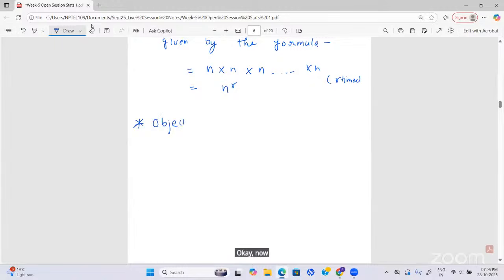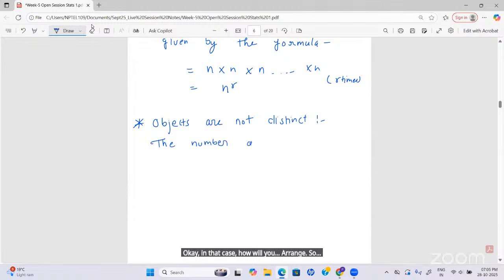Okay, now there is one more thing: when objects are not distinct. In that case, how will you arrange?